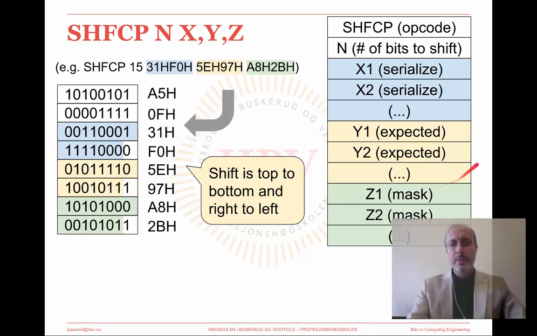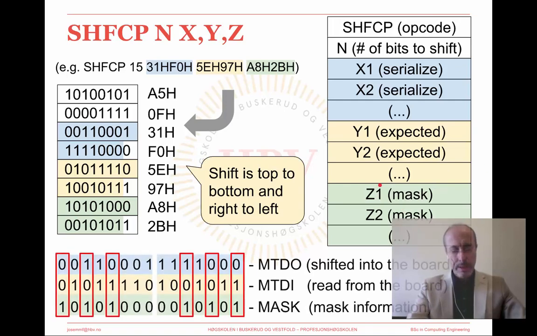Now, I have used different colors here to distinguish between these bit streams, but I suggest that you pause this video now and look carefully at this example that I have prepared for you, which corresponds to the specific case of shift and compare instruction handling 15 bits.